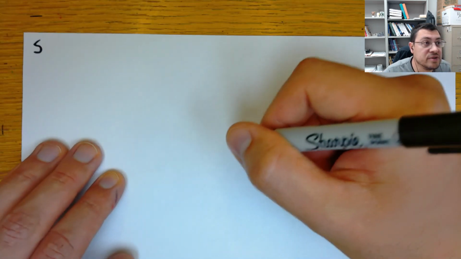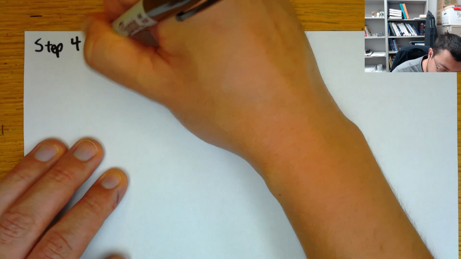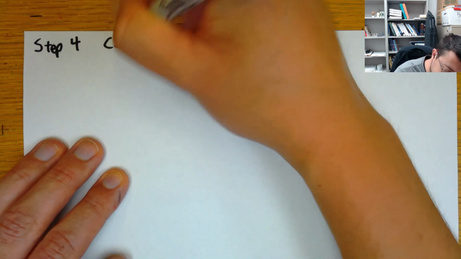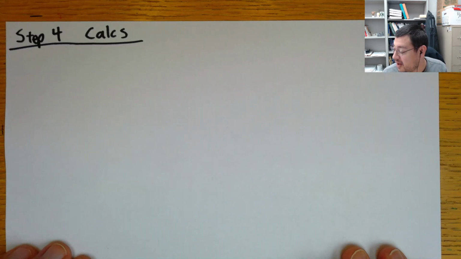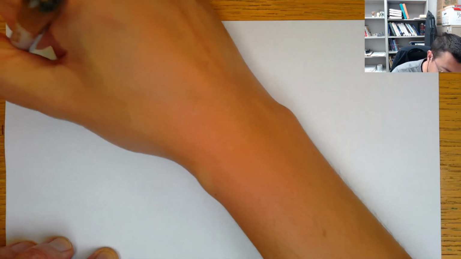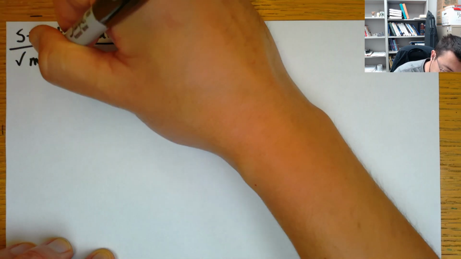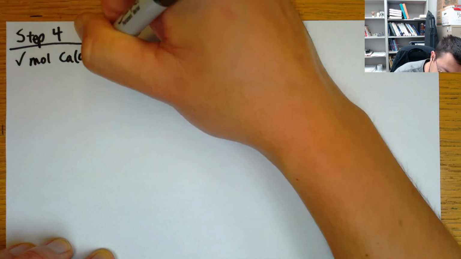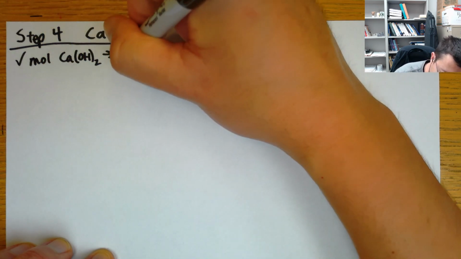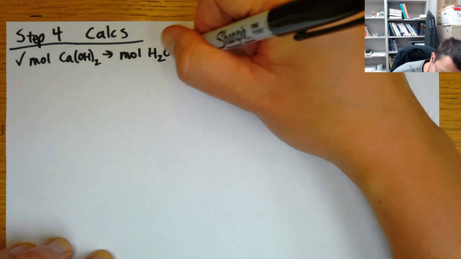So I'm going to label this paper step 4. Make sure I'm on the screen. And these will be our calculations. All right, no fancy acronym this time. So let's kind of recap things. We have already done moles of calcium hydroxide to moles of water, and water was a product.